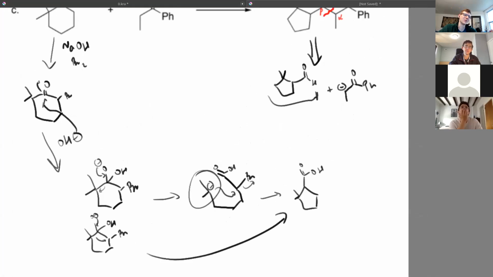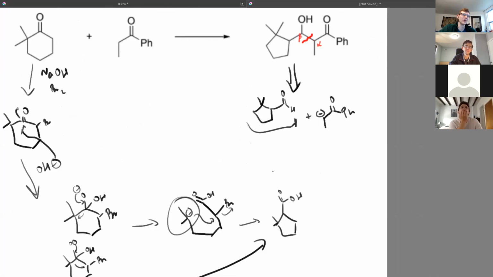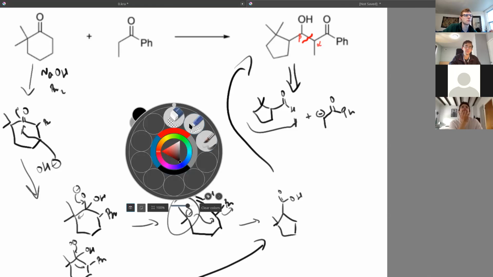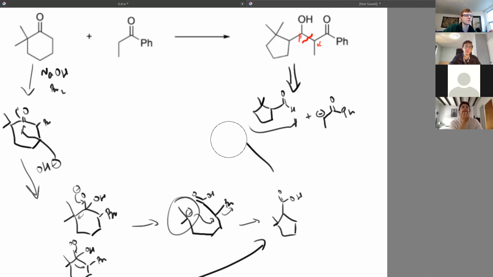And then once you're here, you can just figure your way out. Then I say we throw some BH3 THF with H3O plus at it. And then we throw some NaOCl at it. So revert back to an alcohol and then go to aldehyde.